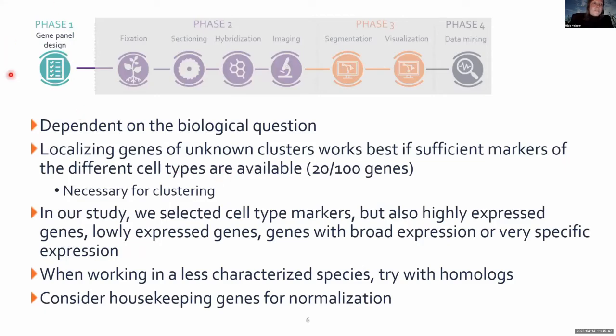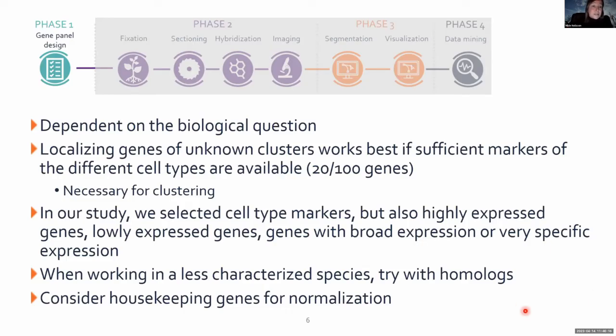So then I want to come back to phase one and the design of this gene panel. And I really want to emphasize that this is crucial. Of course, this depends on your biological question. We also heard in single cell analysis that spatial transcriptomics is actually a very nice way to validate certain clusters and especially unknown cluster types.